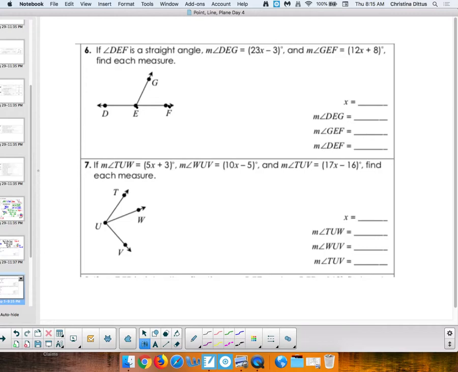It's 180 degrees. That's the line. My straight angle, this angle right here, is 180 degrees. Then it tells me DEG is 23x minus 3. GEF is 12x plus 8.